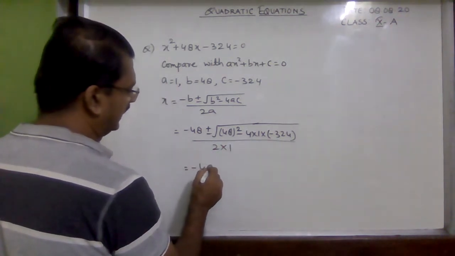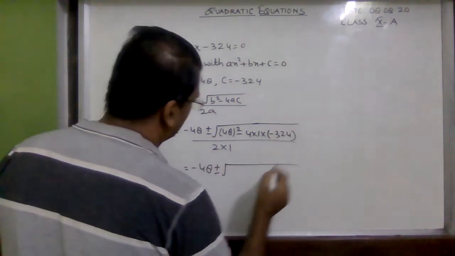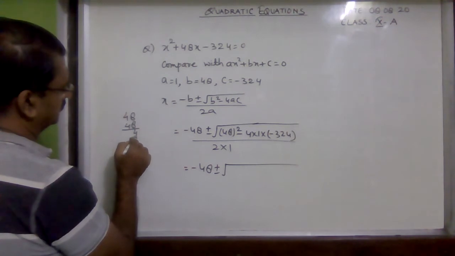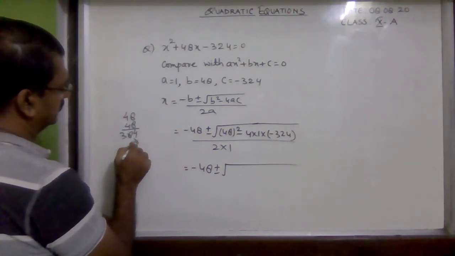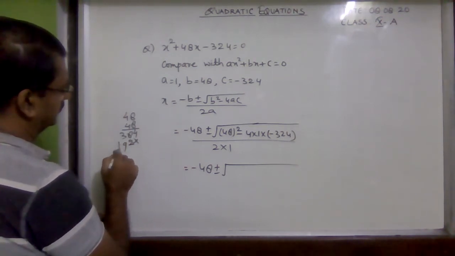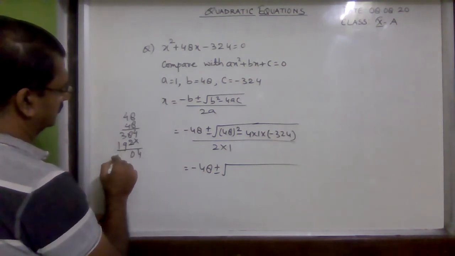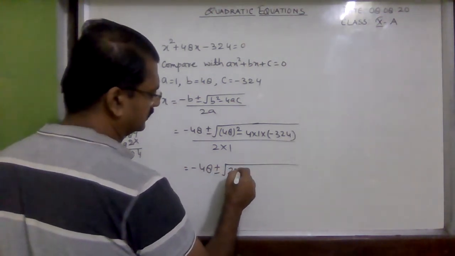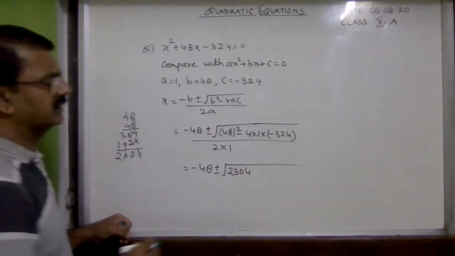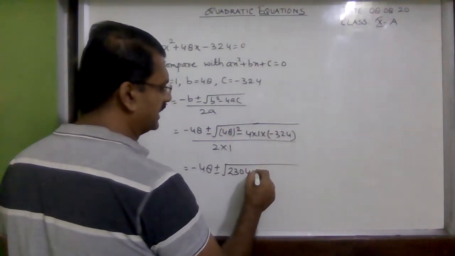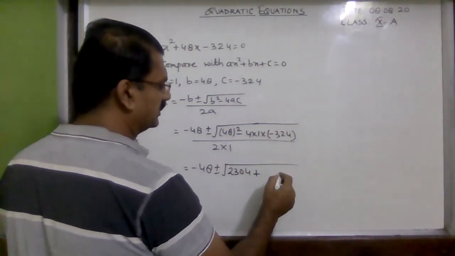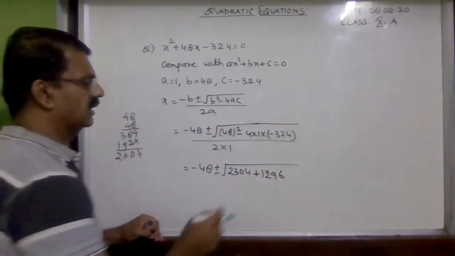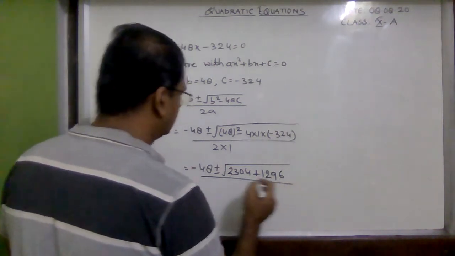So −48 plus minus under root, first of all we will find 48 square. Square of 48 will be 2304. Now minus into minus becomes plus. You multiply this thing by 4, 1296, divided by 2.